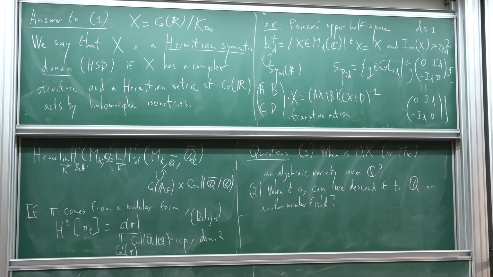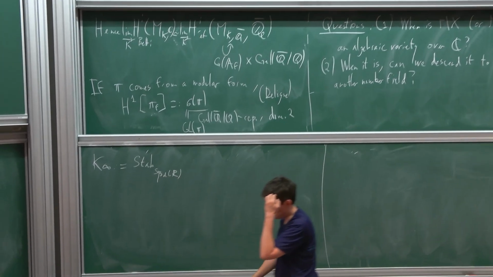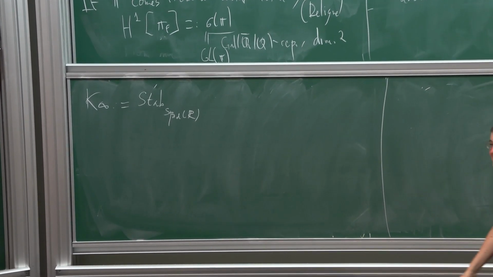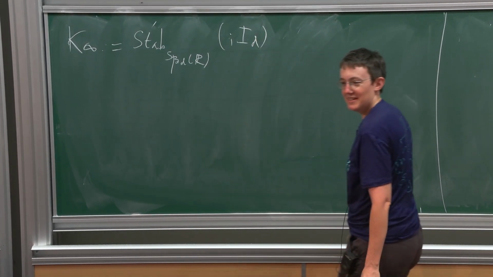So let K infinity be the stabilizer of, well, what point should I take? If you know the theory of modular curves, you know I should take I times identity.